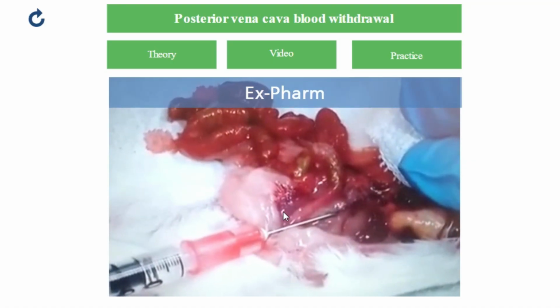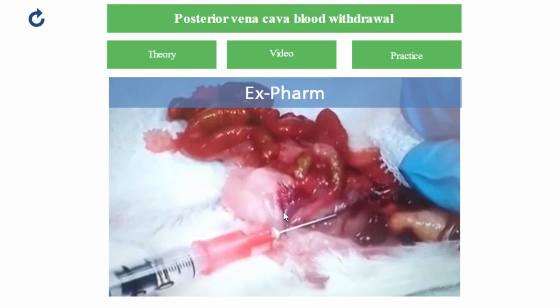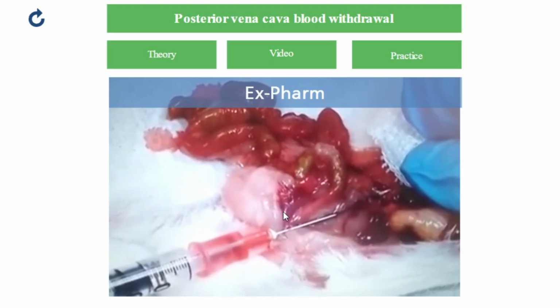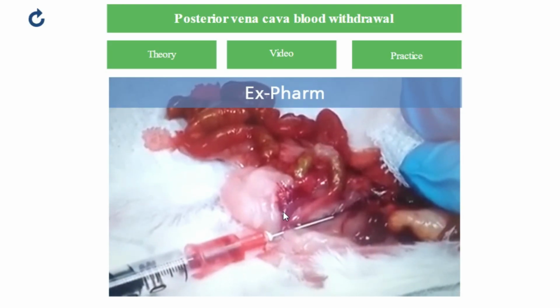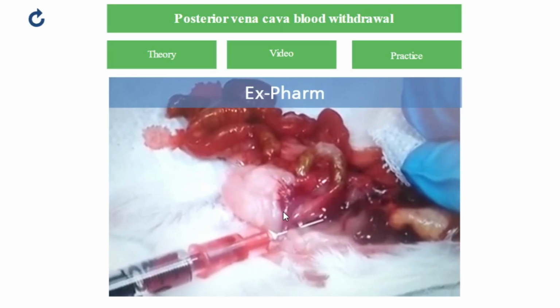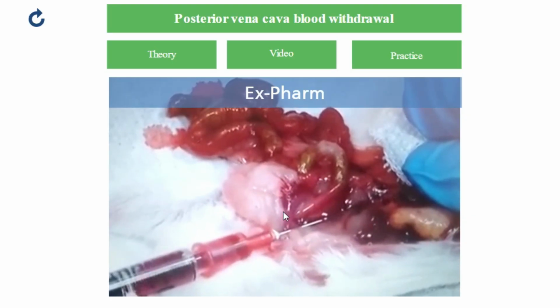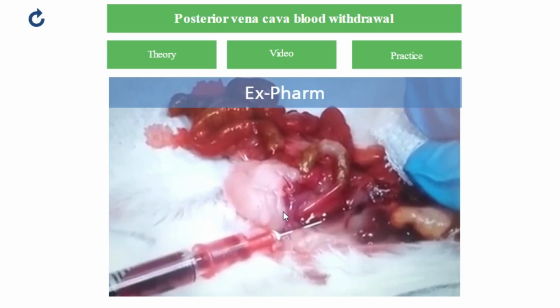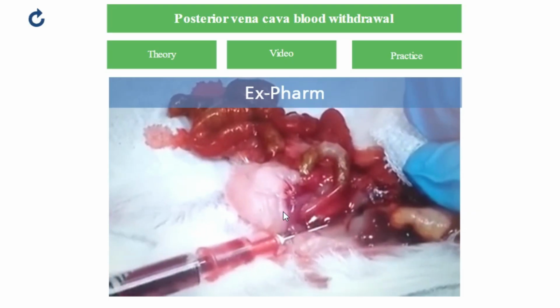With this method, when the animal is about to die and you are not able to collect the blood from cardiac puncture either, at that time you can go by this method. This method is generally used if the animal is about to die, or it is a more preferable method than cardiac puncture.